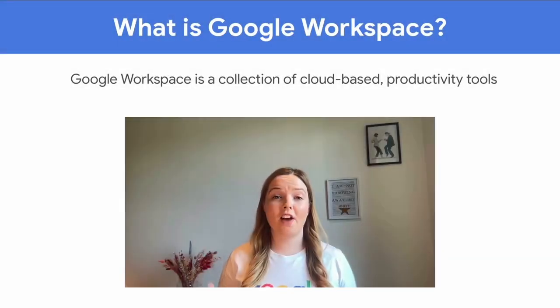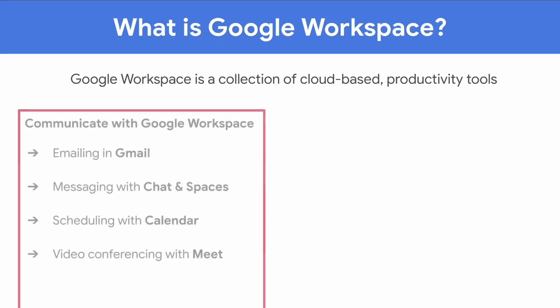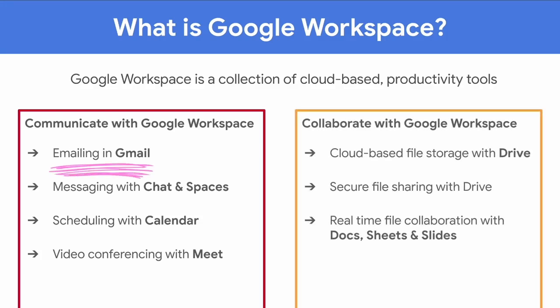Now, before we kick off, I just want to explain a bit about what Google Workspace is. Google Workspace is a collection of cloud-based productivity tools, and it has all the tools you need to communicate and collaborate effectively. They of course have Gmail for emailing, but they also have an application called Google Chat, where you can use it for one-to-one messaging.